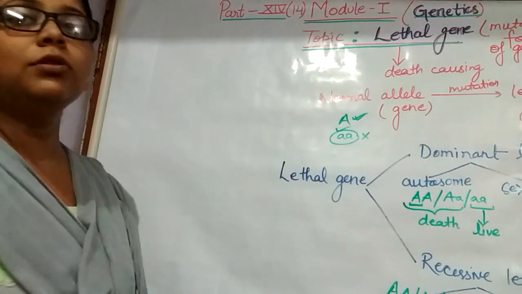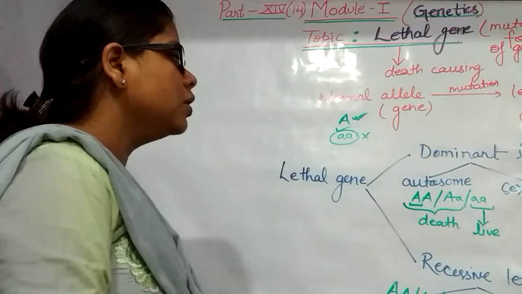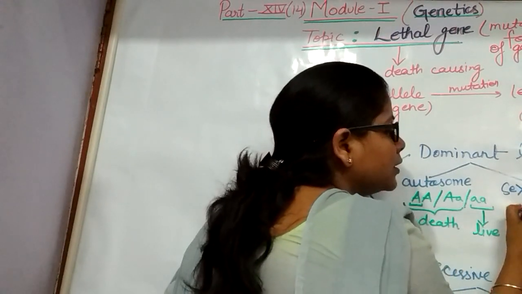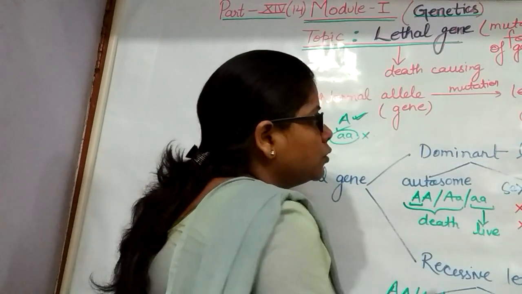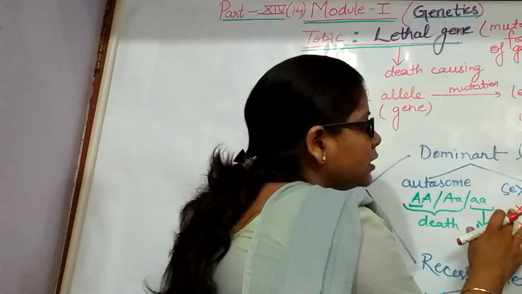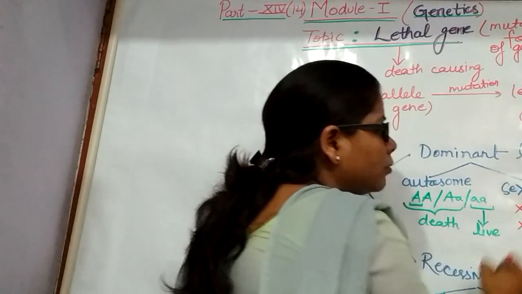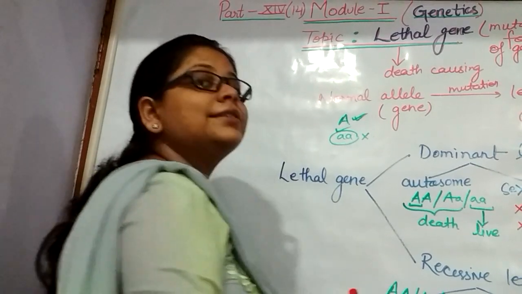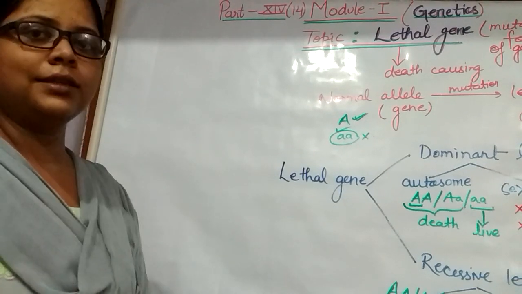This is about the autosomes. Now, what about sex chromosomes? You all know that XX is female and XY is male. Dominant lethal means they will cause a disease when they are in dominant form. Sickle cell anemia or thalassemia, these are all X-linked recessive.